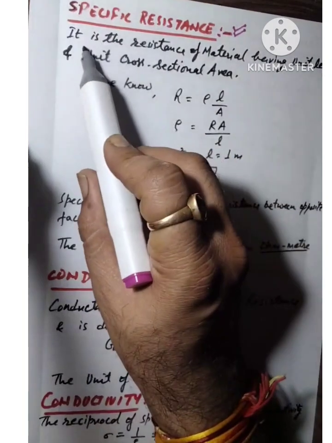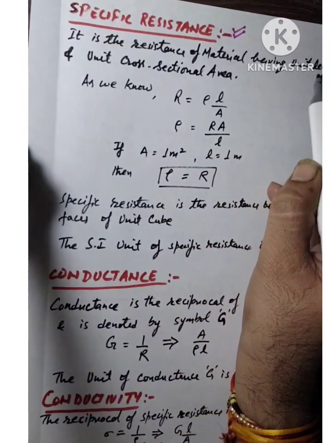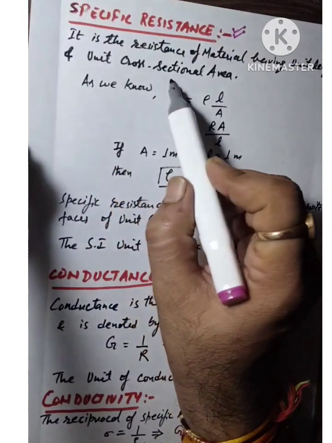What is specific resistance? It is the resistance of material having unit length and unit cross section area.